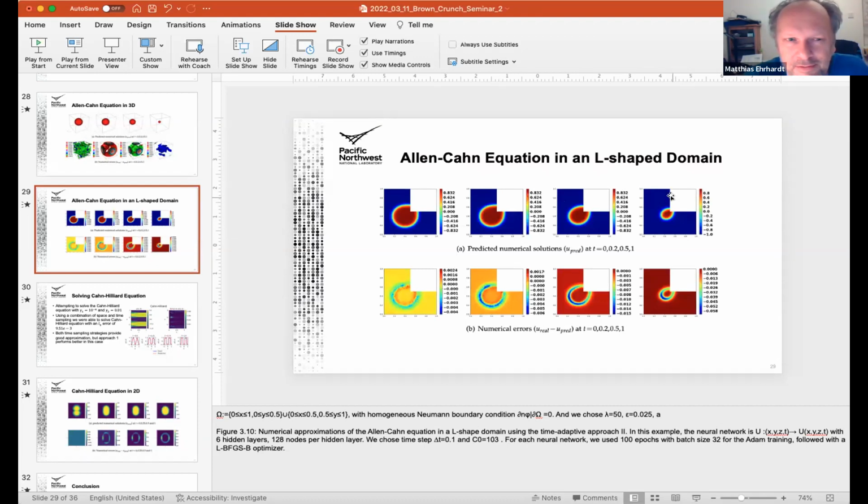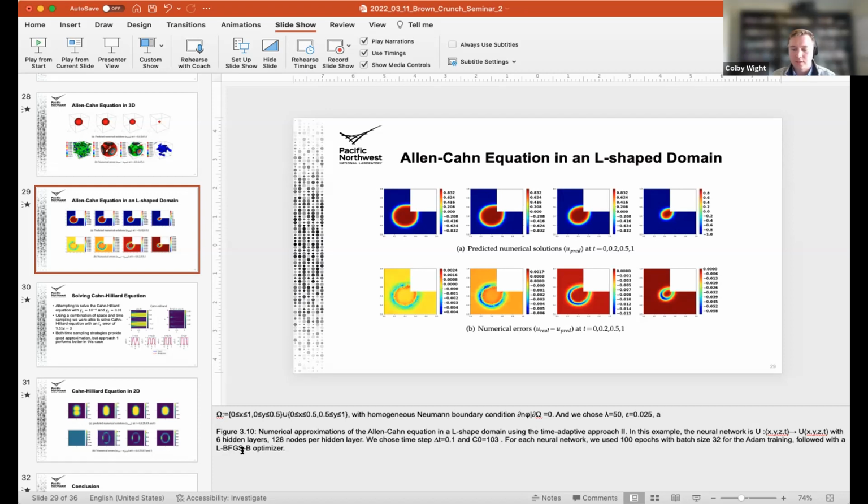Here, in general, we use homogeneous Neumann boundary conditions. We found that adding a larger weight of 1000 to the initial condition in the loss function worked in this case.